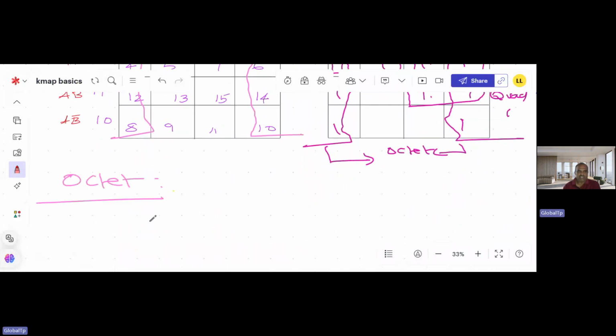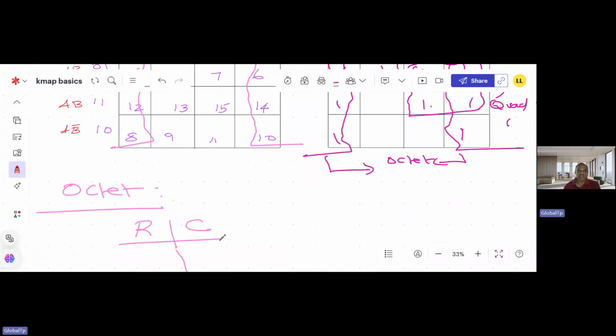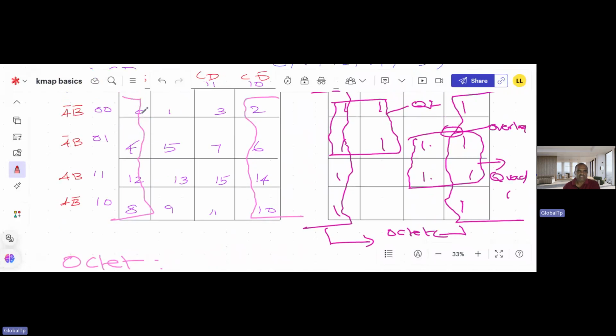For octet, I am taking contributing rows and contributing columns. What are the corresponding rows and corresponding columns? Here you can check this: 0, 4, 12, 8, 2, 6, 14, 10. Corresponding rows are A bar B bar, A bar B, AB and AB bar.